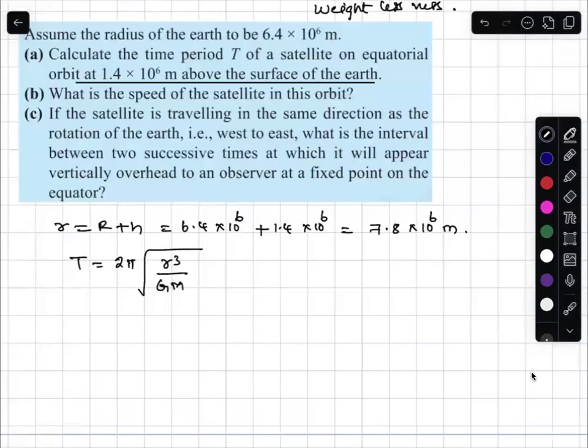So now you substitute in this data: 2 into pi into under root r cube, 7.8 cube into 10 to the power of 18, divided by G, 6.67 into 10 to the power of minus 7.